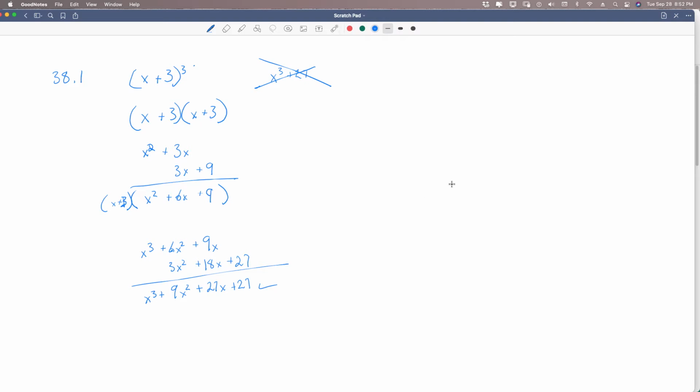All right, so now we're going to talk a little bit more about solving by factoring. Sometimes we just can't solve for something. We have to set it equal to something else in order to solve for it.